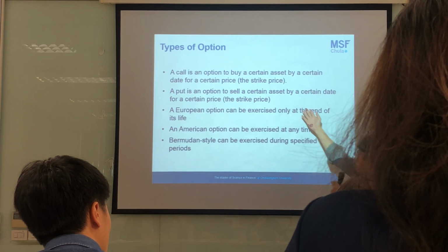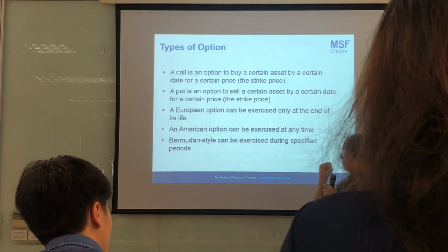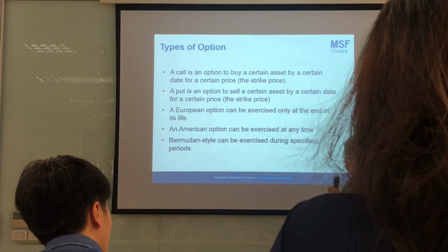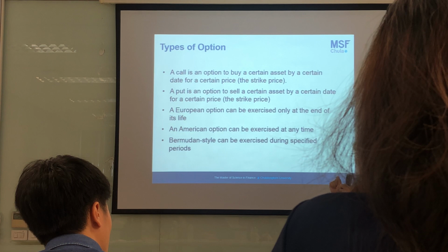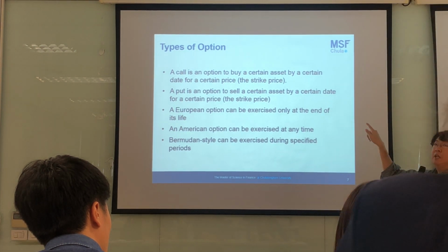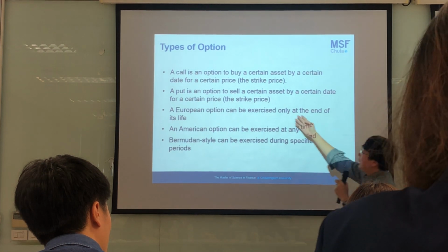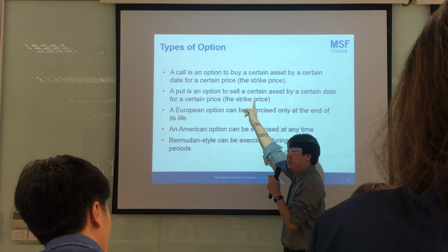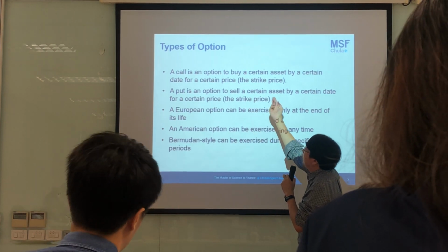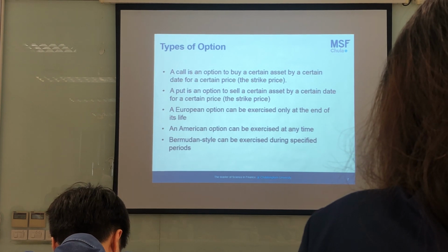Suppose you buy this put option and eventually want to use this right: you can sell the underlying asset at the specific price stated in the put option. The strike price is the price at which you can sell. The call option, on the other hand, is the option that lets you buy the underlying asset.